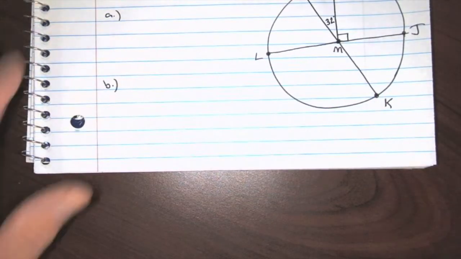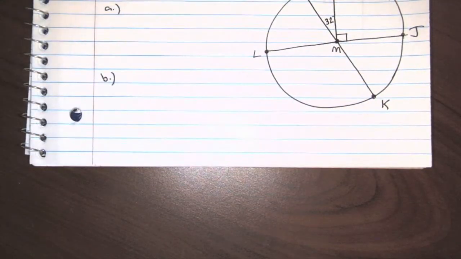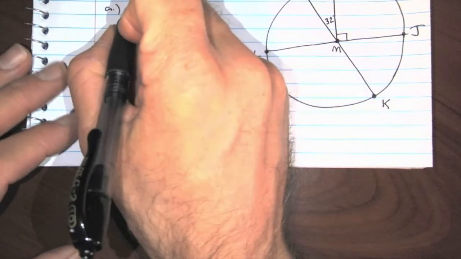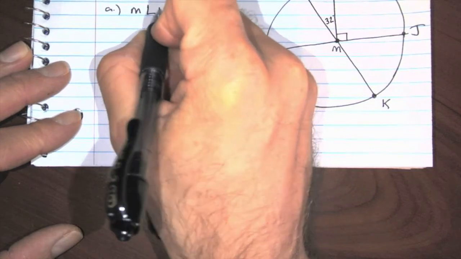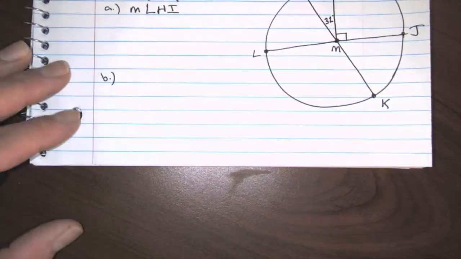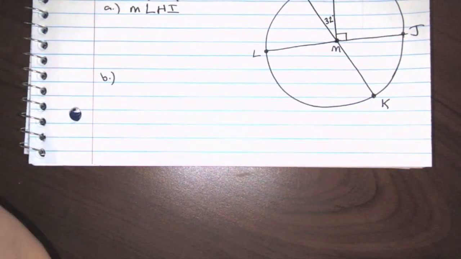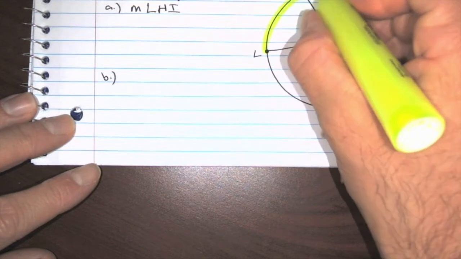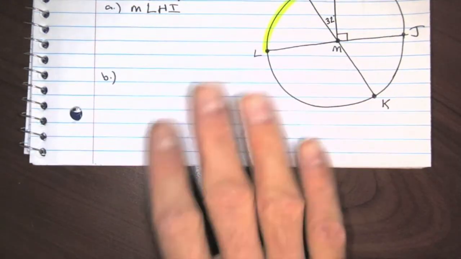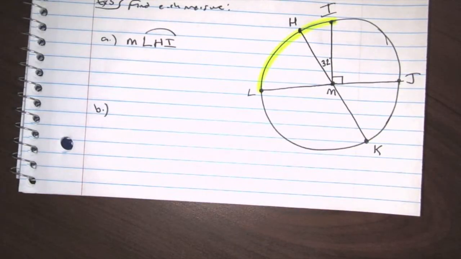All right, find each measure. Here's the first one. Let's find the measure of arc LHI. Where are you, LHI? L to H to I. All right, what is that?